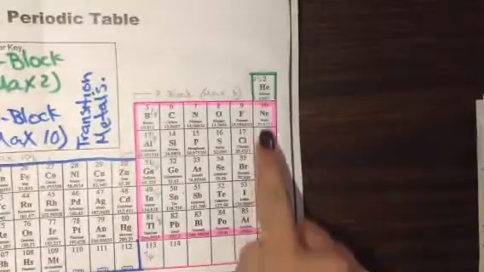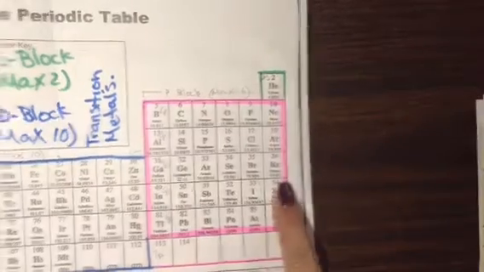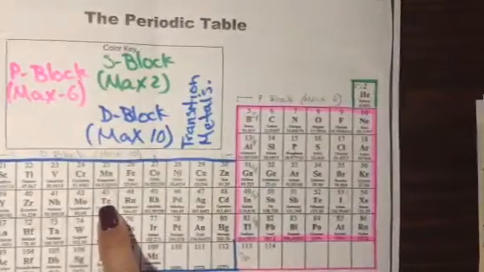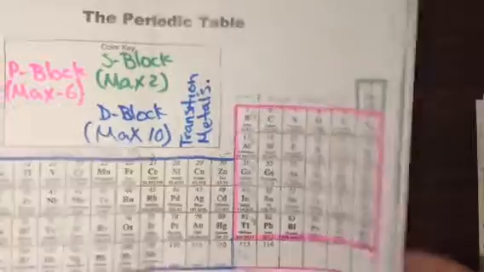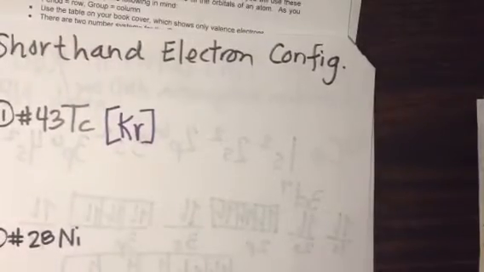Remember, this very last column are the noble gases. So you begin with a noble gas. 43 is here, and the noble gas right above it is Kr. So you start with Kr.